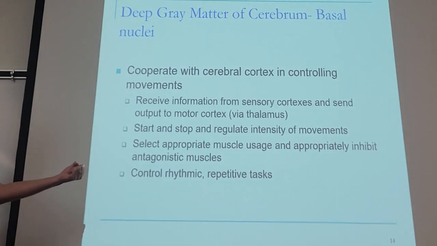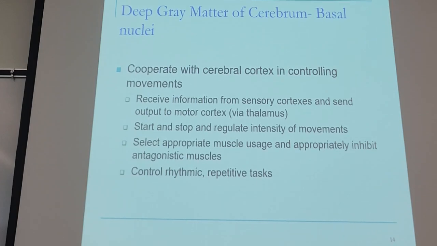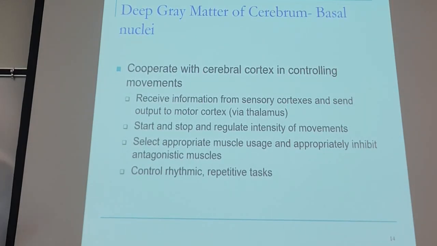But at the same time, your triceps can't be contracting, because that's going to defeat the purpose of the movement that you're trying to make. Now I can go into concentric and eccentric contractions, but we're not gonna go there. So basically it tells the appropriate muscles, you're in charge, and this is what task you need to do, right? So again, the level of complexity goes up and up and up.